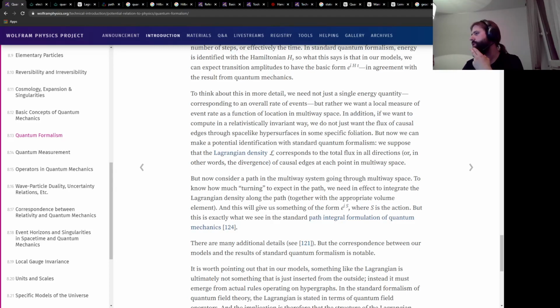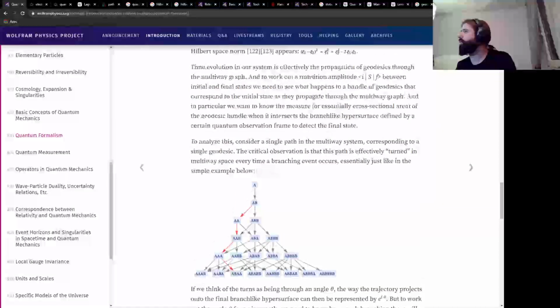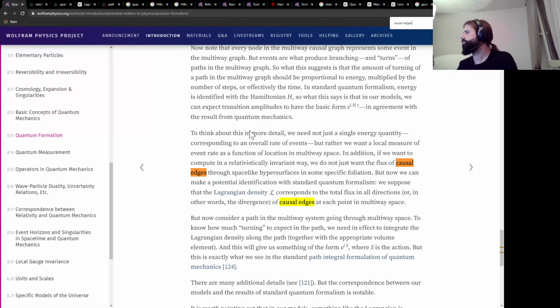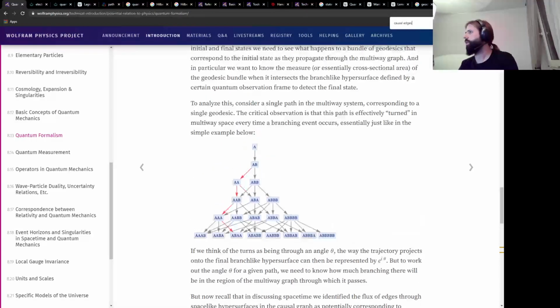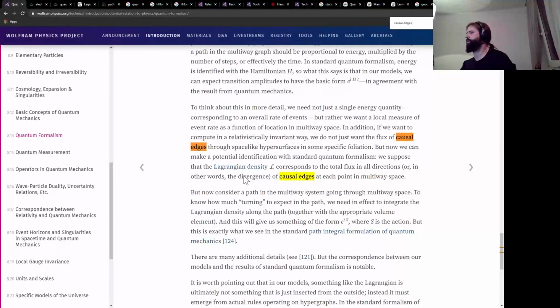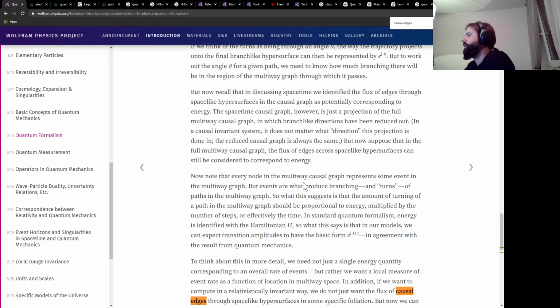Divergence of causal edges. What was a causal edge again? Is this a causal edge? Are these causal edges? Multi-way space. Because this multi-way causal graph is something else, right?